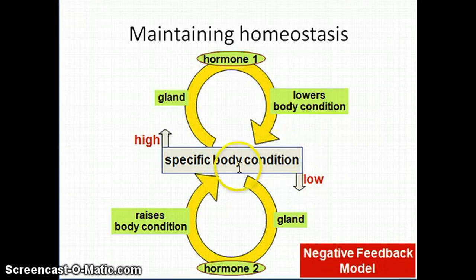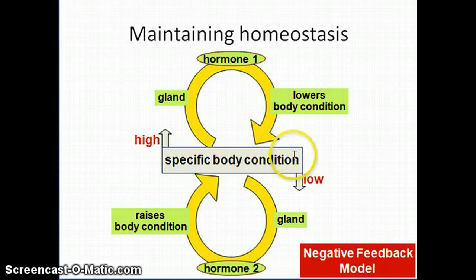And in either case, that serves as negative feedback because we've moved away from where the body is supposed to be. And so in response, we have a gland which secretes a hormone, which then lowers whatever this particular condition is and returns it back to its homeostatic point, its set point.